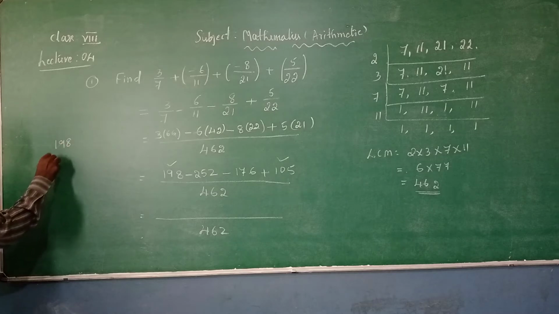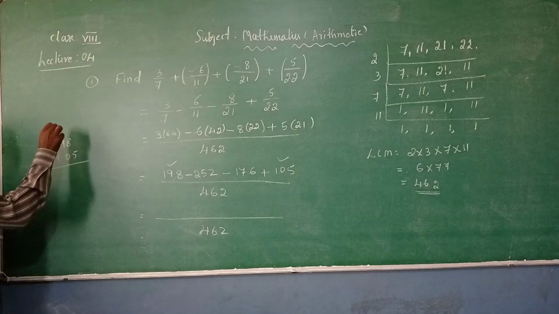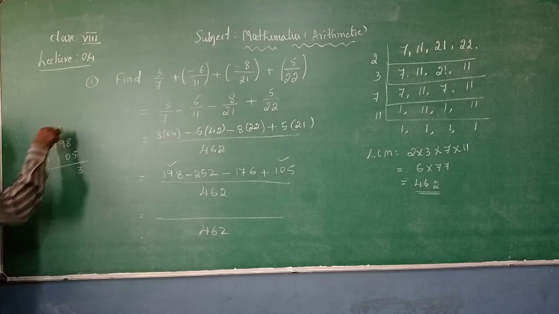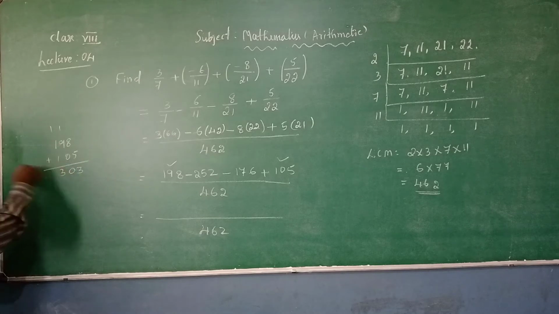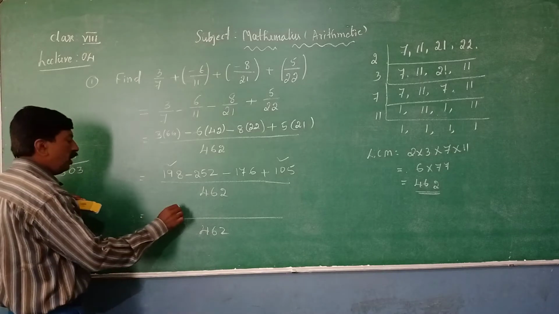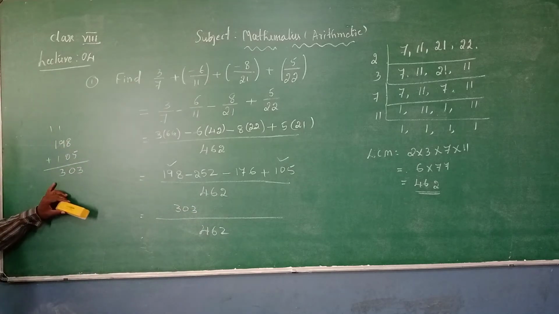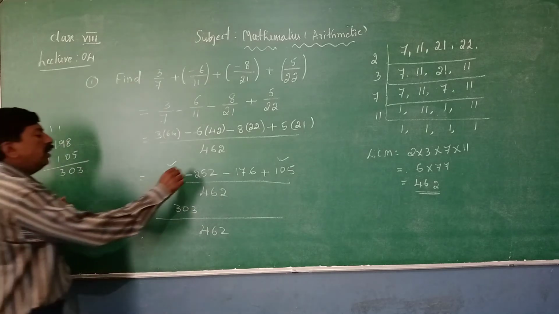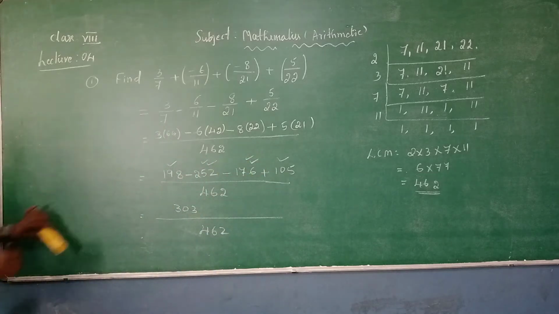Add these two because both are positive signs. 198 plus 105 is how much? 8 plus 5 is 13, 1 plus 9 is 10, again 1, so that is 303. 198 plus 105 is 303. Again these two are negative signs, so you can add them too.